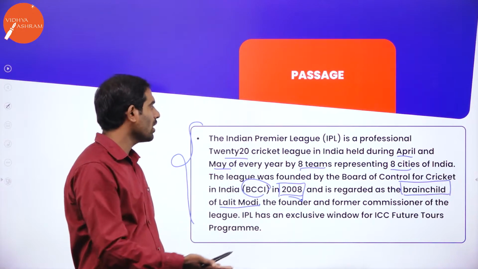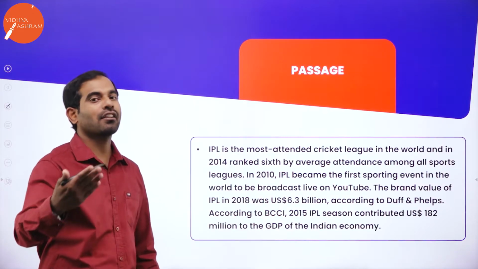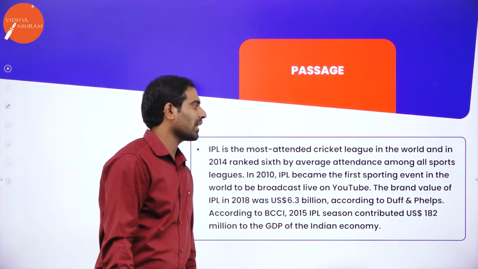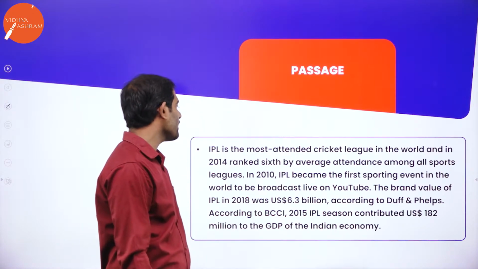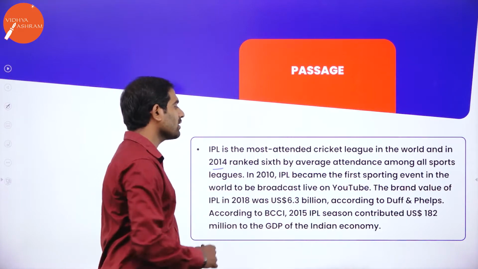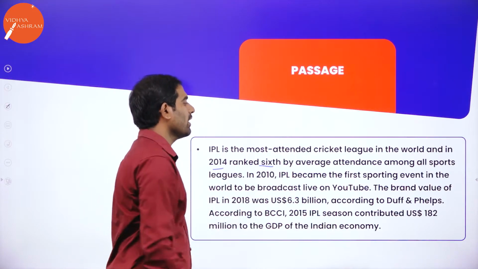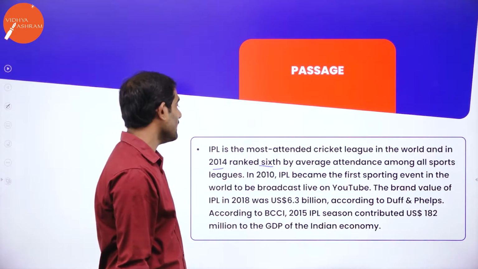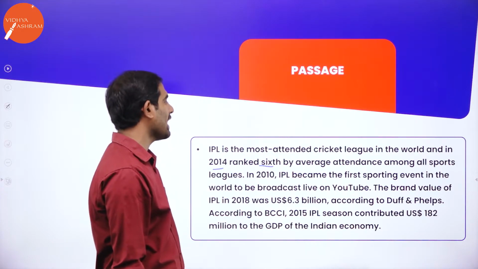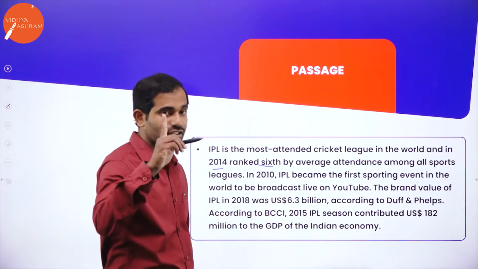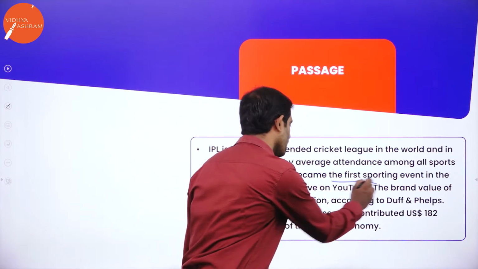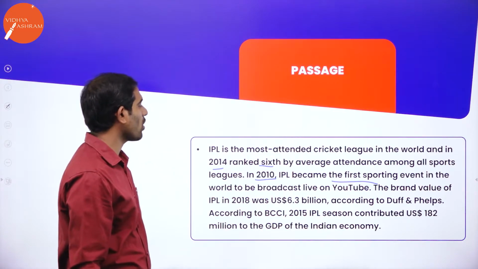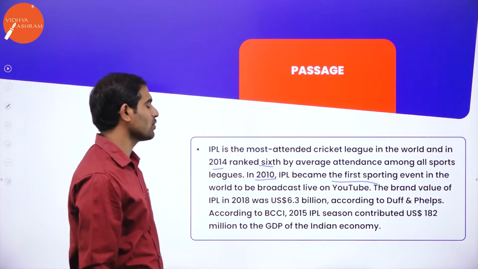So next, what happens? There will be paragraph 2. IPL is the most attended cricket league in the world and in 2014 ranked 6th by average attendance among all sports leagues. In 2010, IPL became the first sporting event in the world to be broadcast live on YouTube.